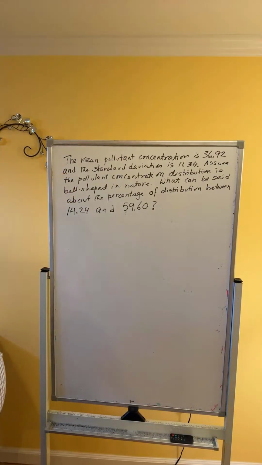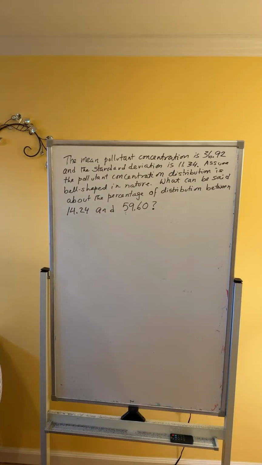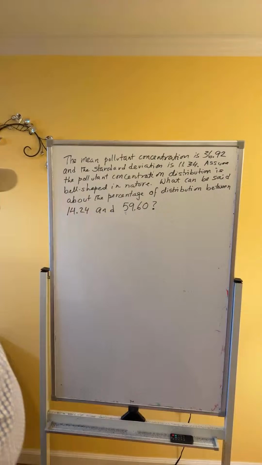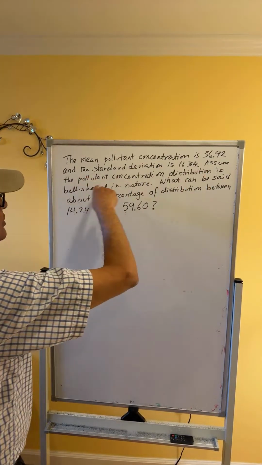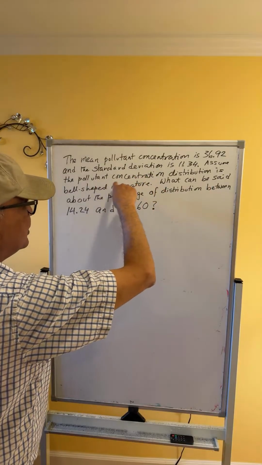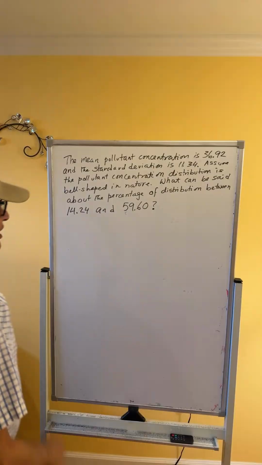What can be said about the percentage of distribution between 14.24 and 59.60 parts per million? Okay, so this sentence is important: assume the pollutant concentration distribution is bell-shaped in nature.